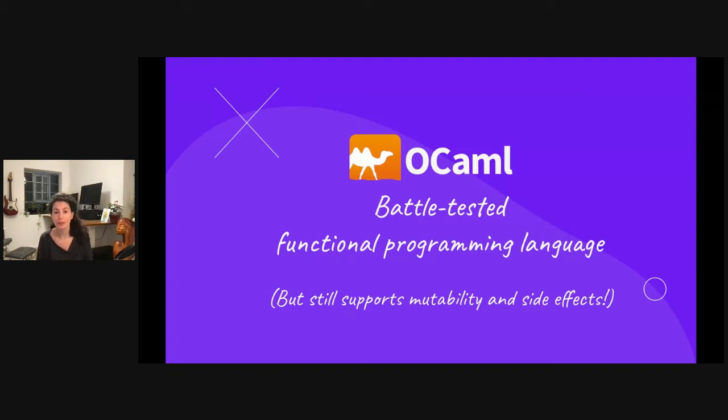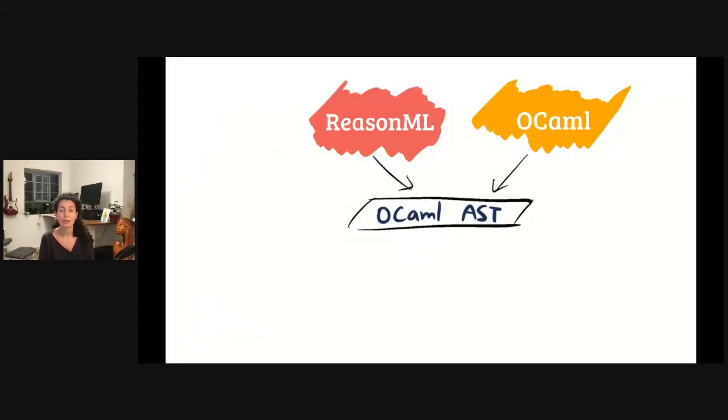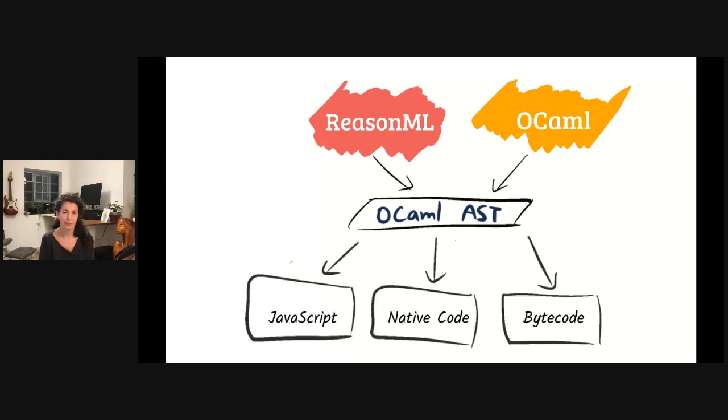So for example, you can declare a variable as mutable, but you have to explicitly state, I want this to be mutable. Reason has the exact same AST, abstract syntax tree, as OCaml, the data structure that represents the parsed code. They only differ by the syntax.